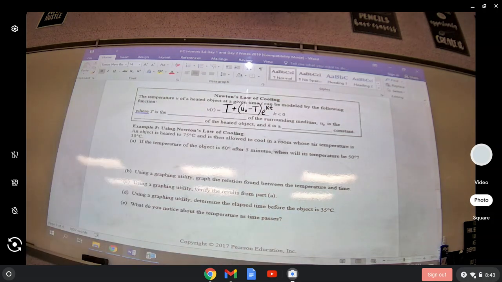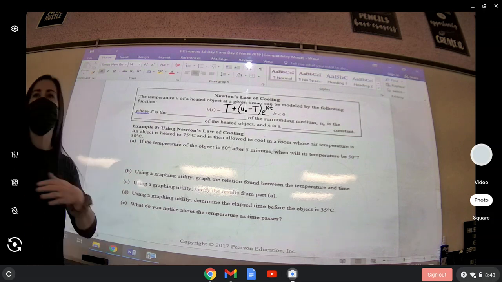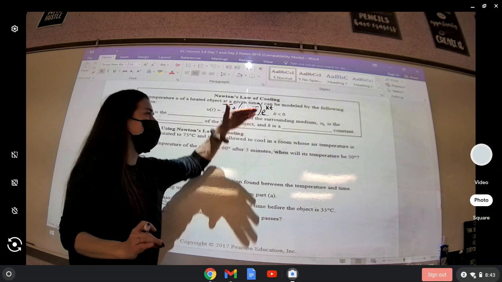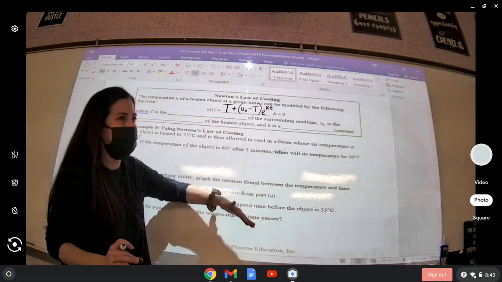Now, K will be represented by a negative number. They don't say it in the formula because, again, at the end of the day, it doesn't matter. We know it's going to be a negative number in the sense that it's cooling, guys. The temperature is going down.